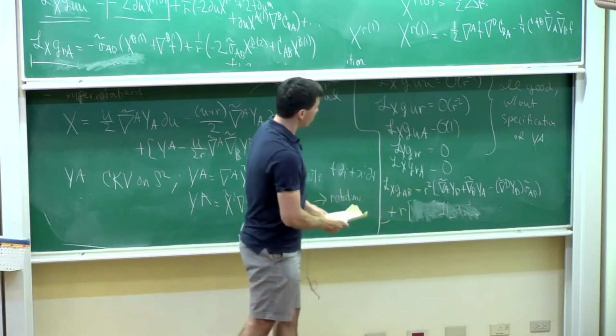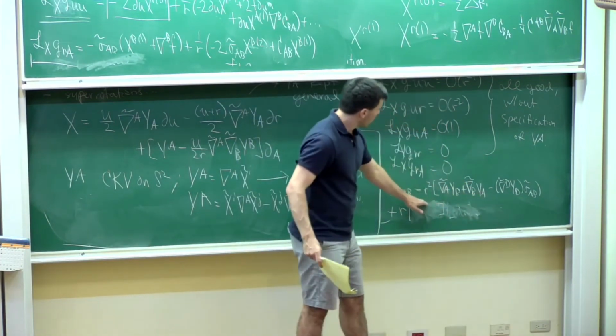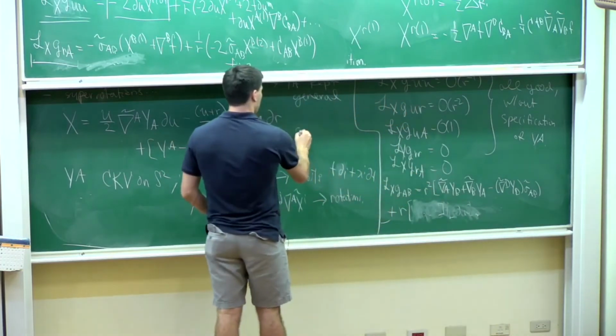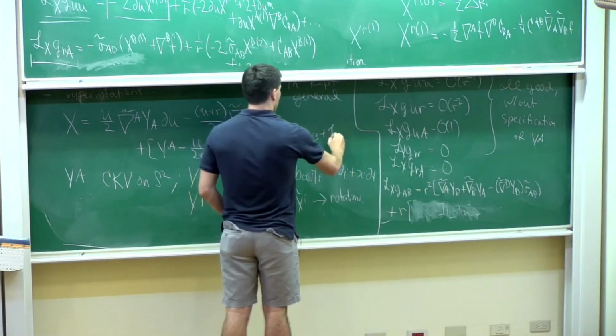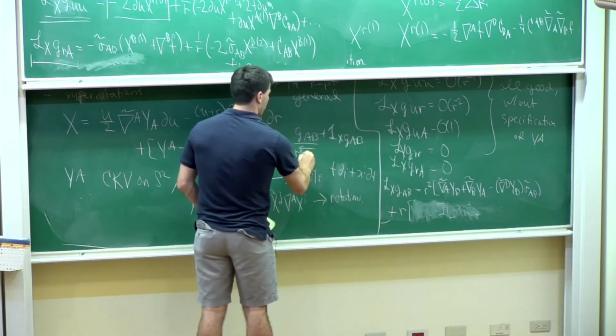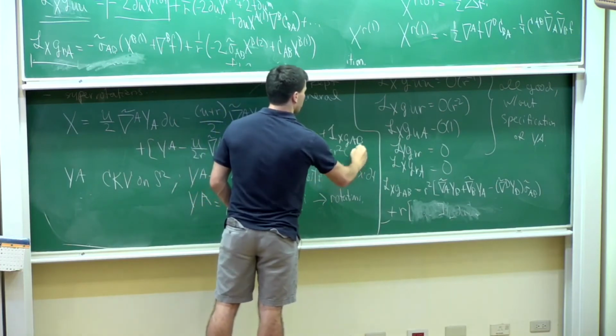what I want to draw your attention to is this top order term. We've already got in g_AB the top order as the flat metric, and now we're adding something to it.